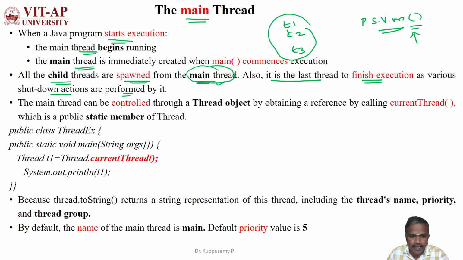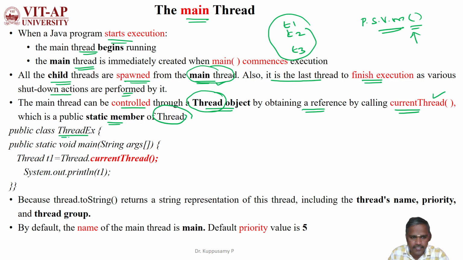The main thread can be controlled through an object created using either the Thread class or the Runnable interface, by obtaining the reference. This can be done by calling the currentThread method, which is a public static member of the class Thread. The example is given here.